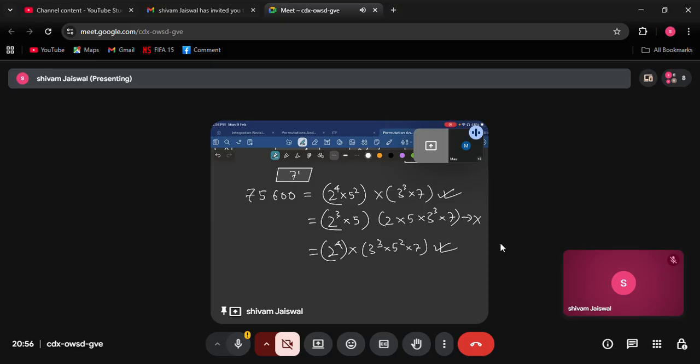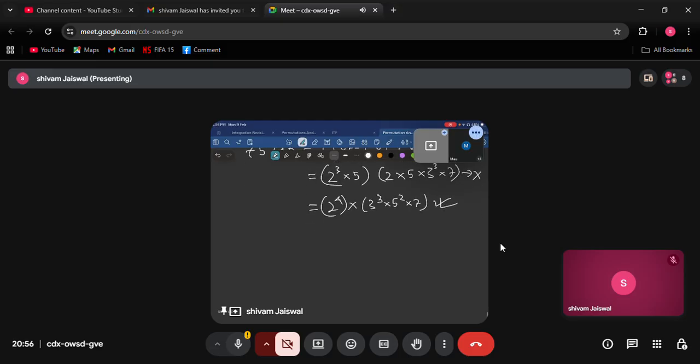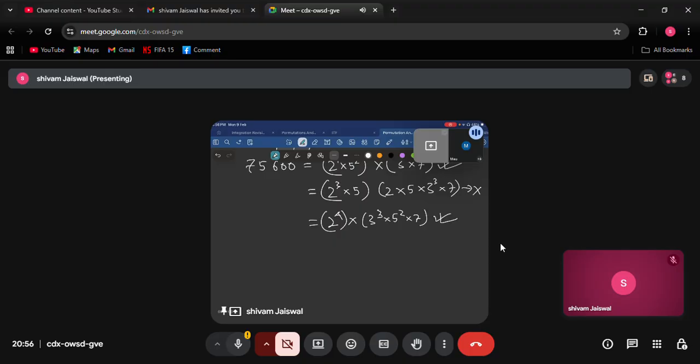It can happen that you are selecting two of the shops at once, one of the shops at once, or none of the shops at once. Okay, it can happen. So over here, we need to make two groups.